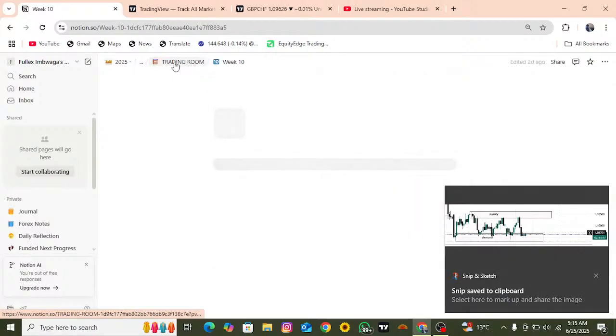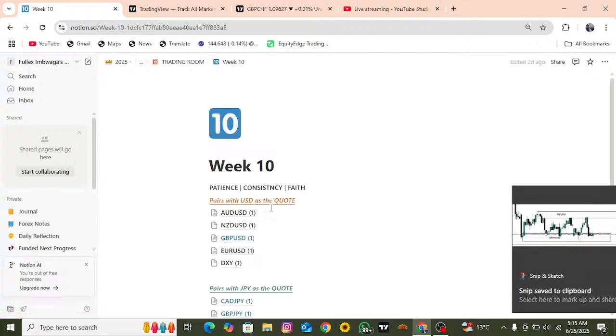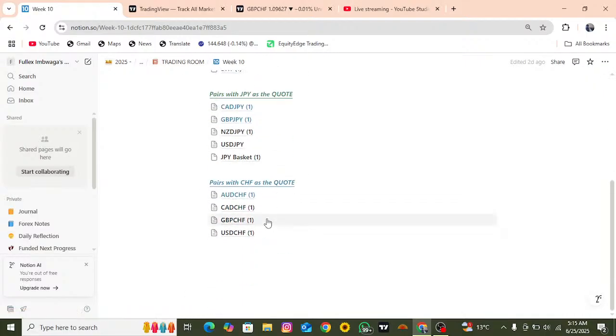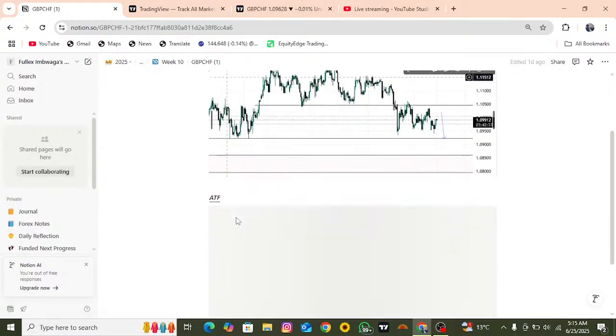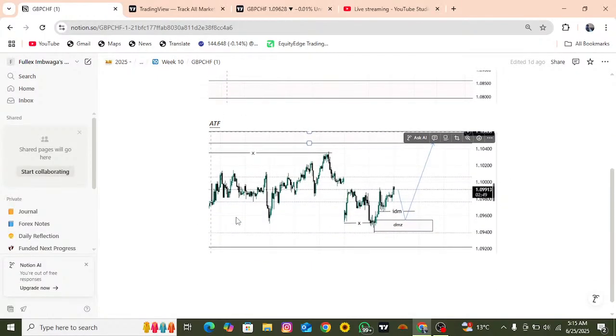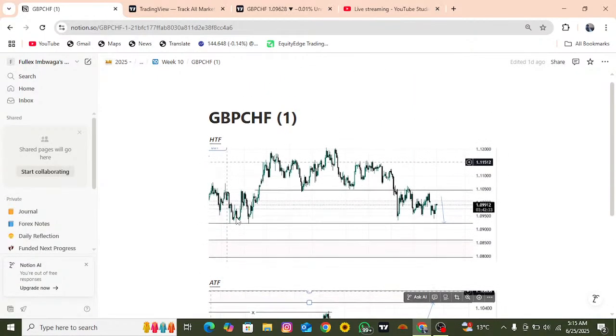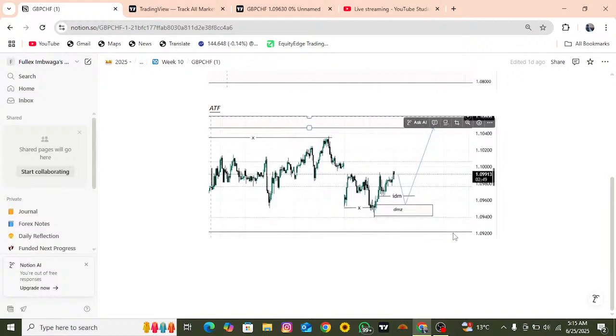I know I did an analysis on this, and my anticipation was that the market came down. Let me show you. I was really hoping the market would come to the supply and push down. Clearly you can see I marked my lower time frame, I marked the market to go to the supply and come down.